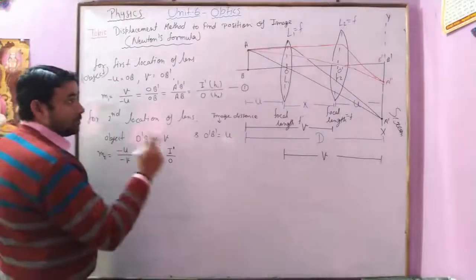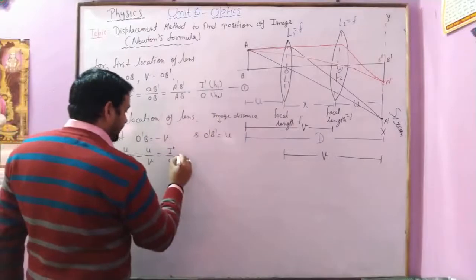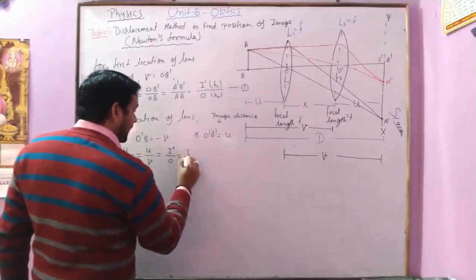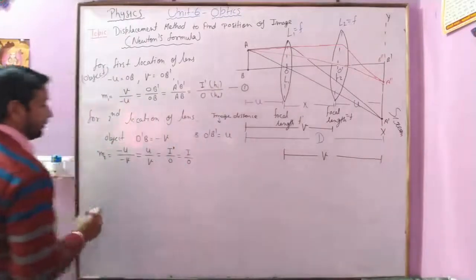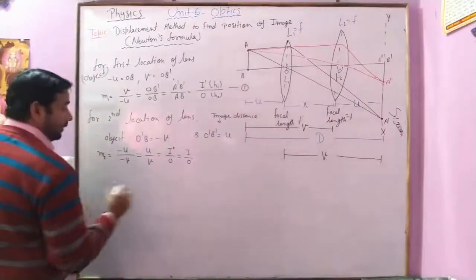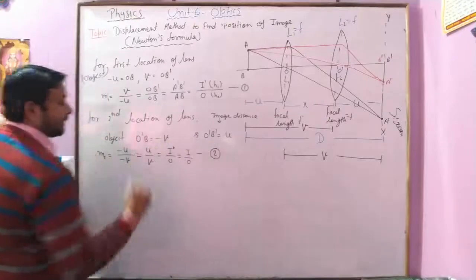Because the image is formed at the same location, I is equal to O, and the initial case is also the same. Therefore, this is our equation second.